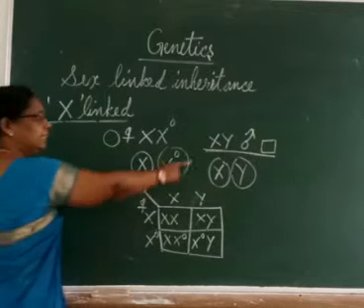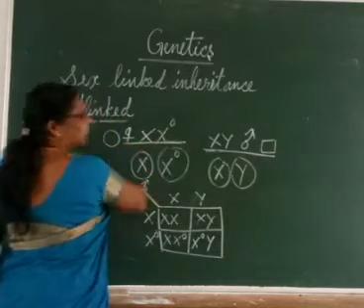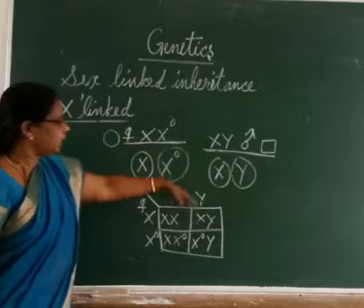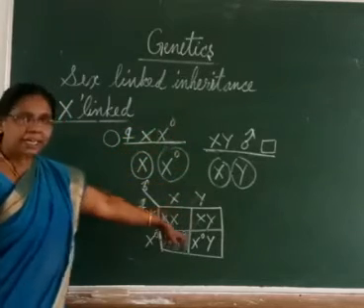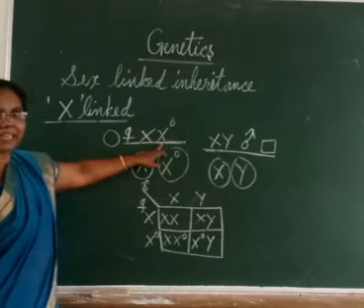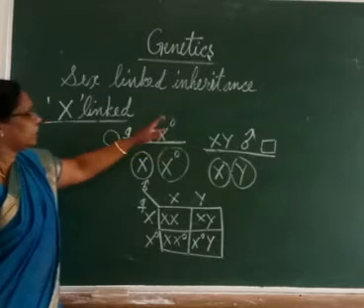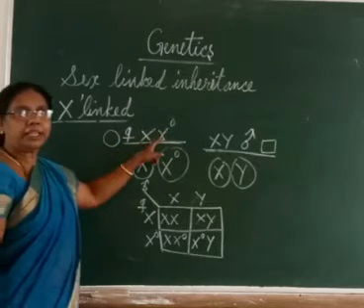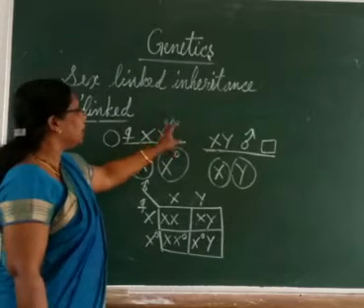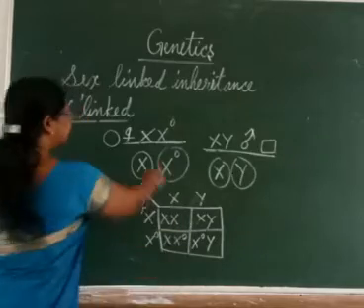Understood? The father is a normal one. Only the mother is a carrier. See the carrier one, how she is passing to the next generation. You can see she is a carrier of this color blindness, and externally she is not showing any such thing, but you can see that she will pass this color blindness to the next generation.